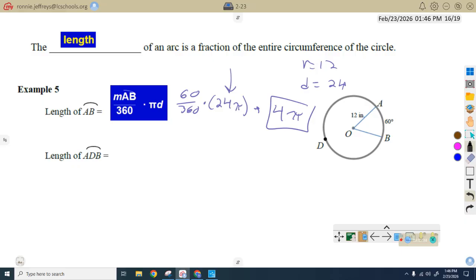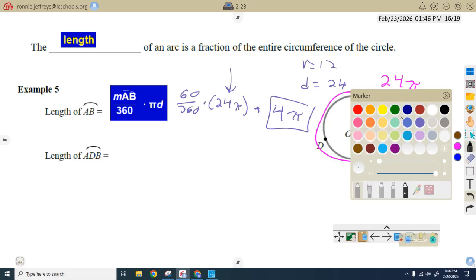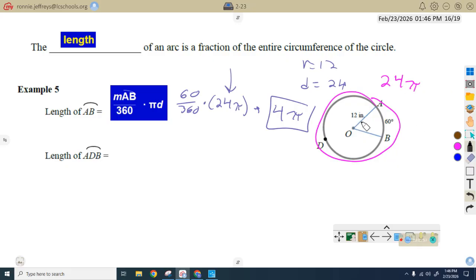Now, think about it. If it's a fraction of it, this whole thing is 24 pi. This little part right here is 4 pi. I wonder what the rest of it could be.